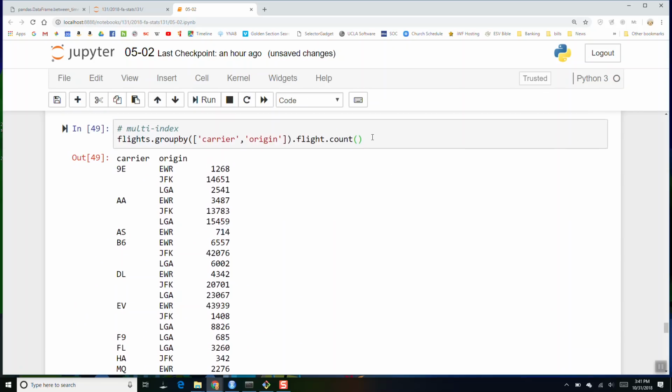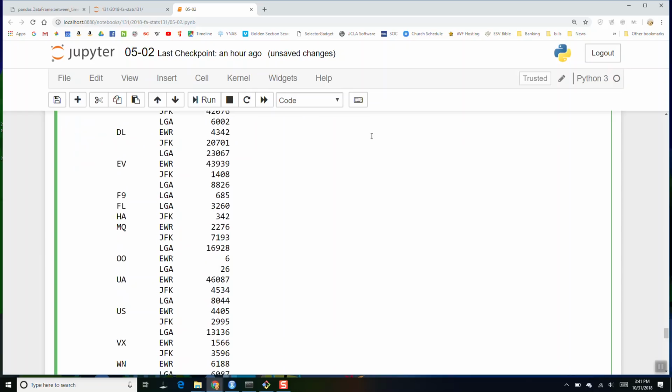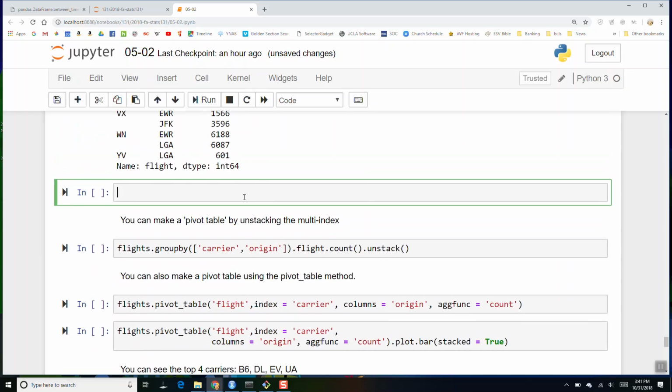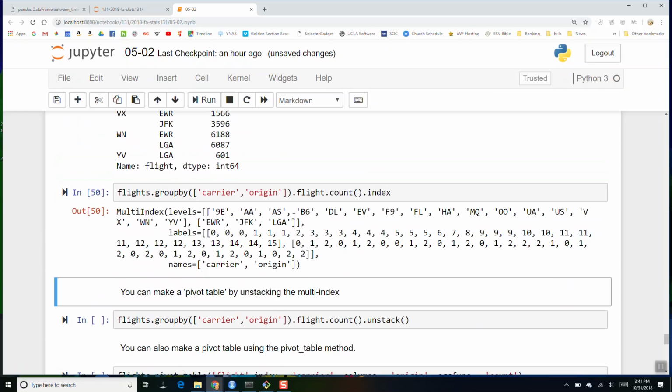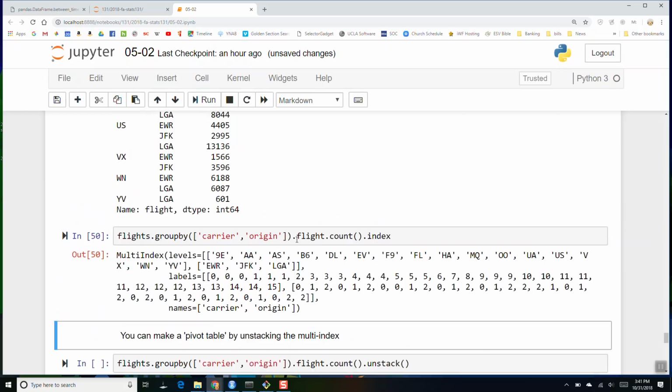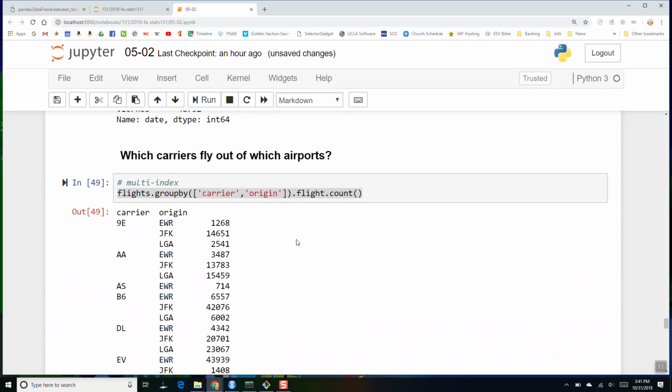If I ask for the index of this thing, it'll say that it is a multi-index. Where the levels show this, there's two lists under the levels, and then this shows the arrangement that happens between the 2 levels of index.